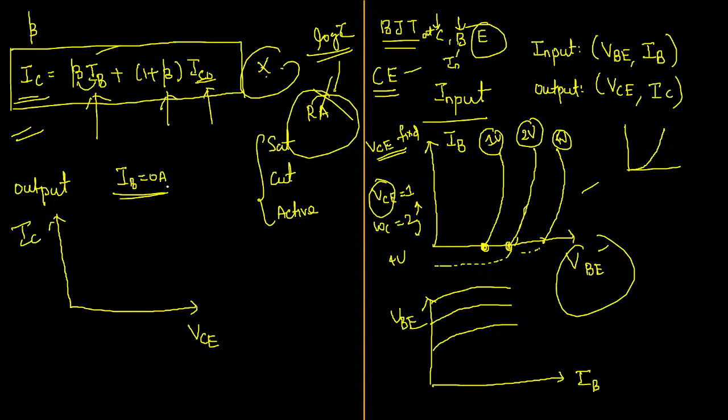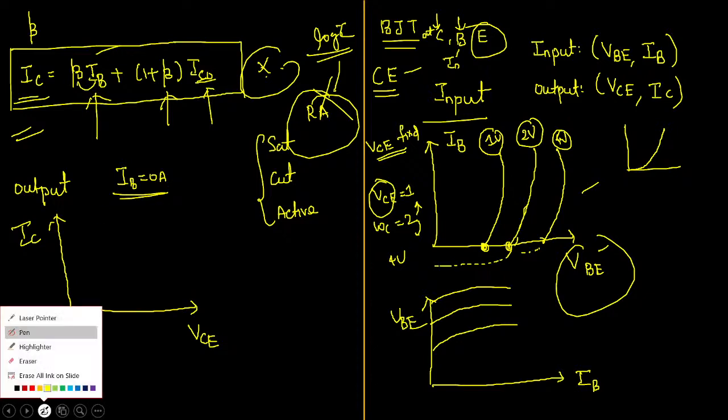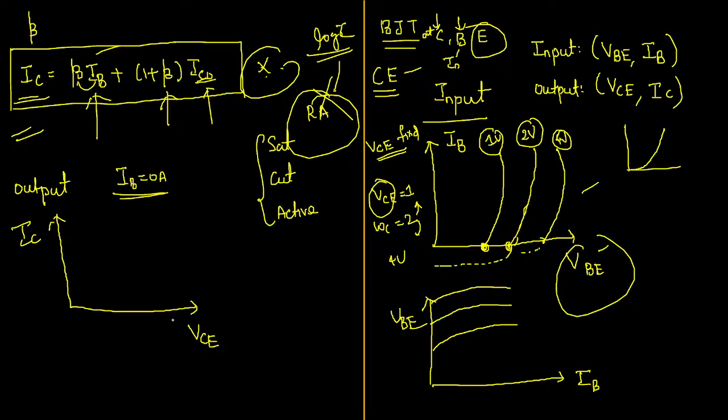Sir, when the current is 0, the transistor will not turn on. Why? I told you, a transistor is called a current controlled device. Yes or no? Yes, sir. Base current is acting as the controller, so if that current value is 0, it clearly indicates that the transistor will be in the off state.